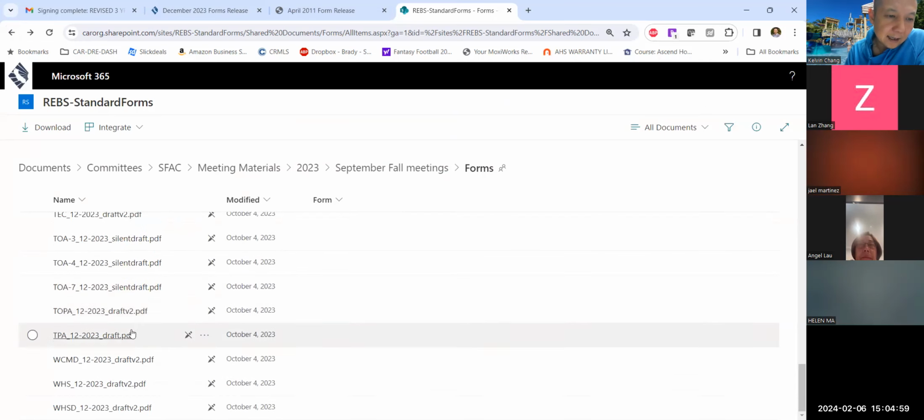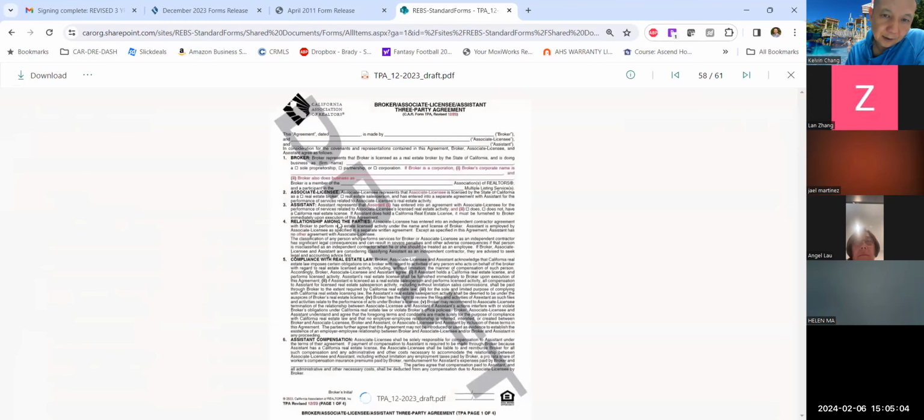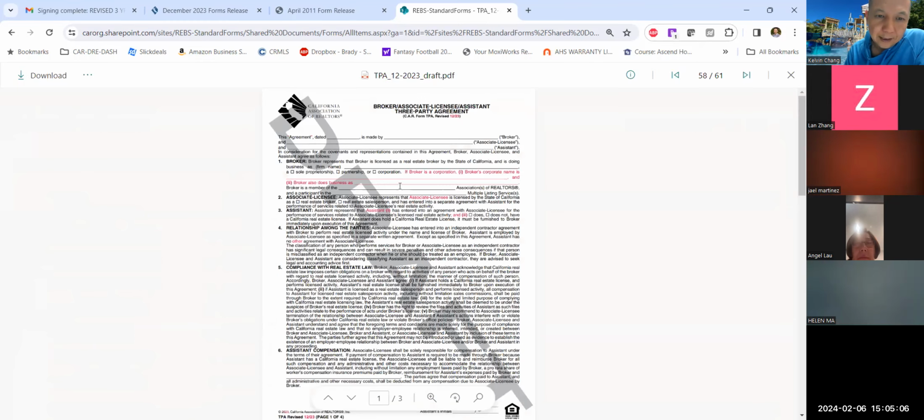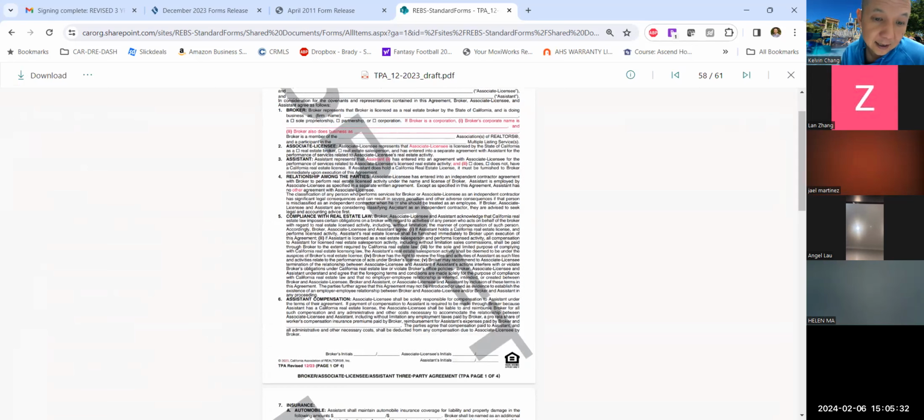But let me go back into the form TPA, third party agreement, in which the assistant is still in an associate license agreement with the agent. The assistant does or does not have a real estate license. What this does is add the broker as a three-party agreement to your relationship with your assistant.